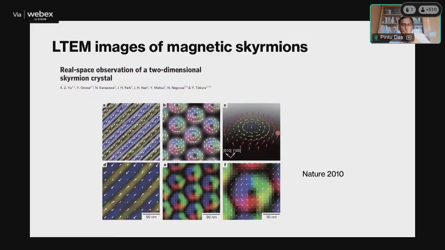And this leads, in the Lorentz transmission microscope image, to this kind of colored images. This group has also simulated this, and they find exactly this, so they could clearly say that these are magnetic skyrmions.